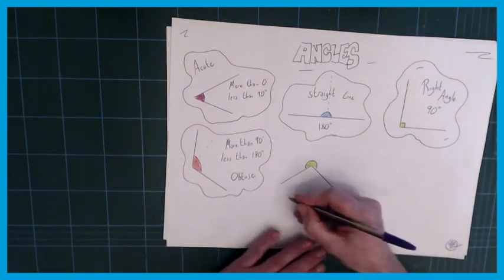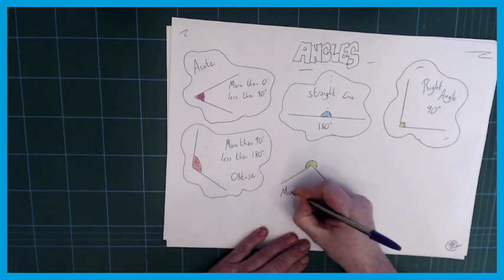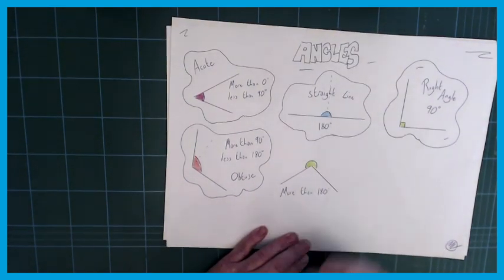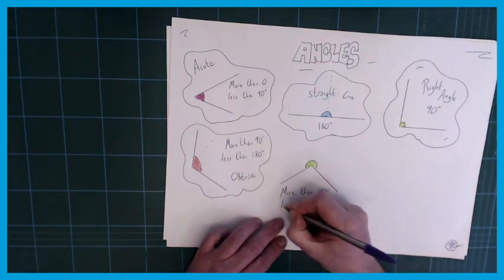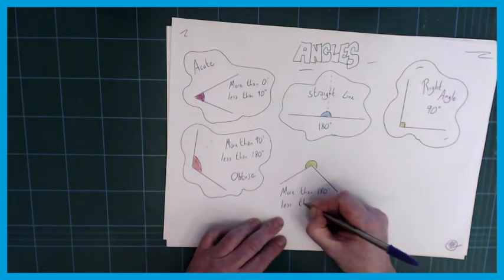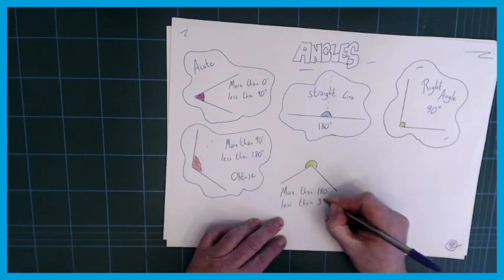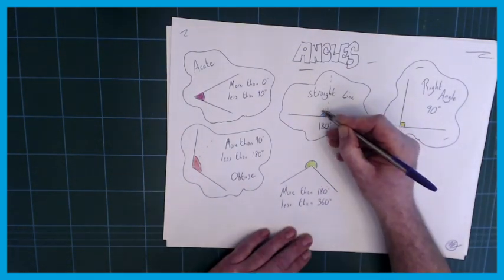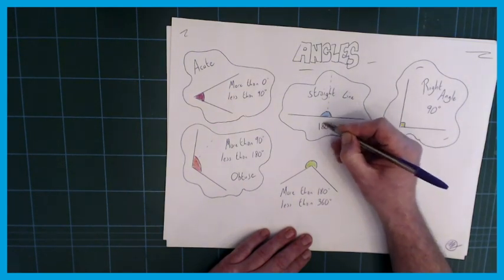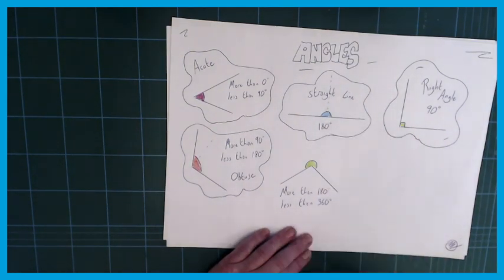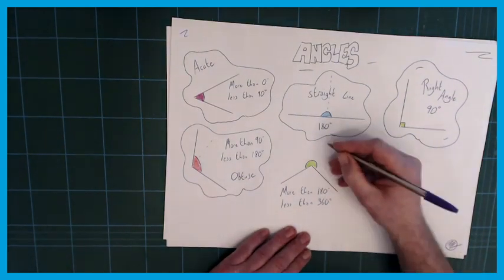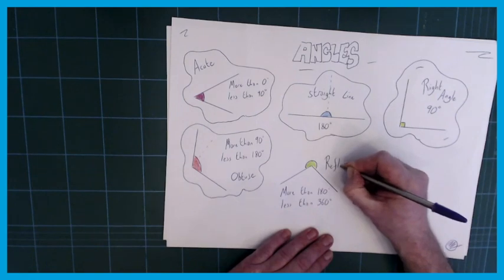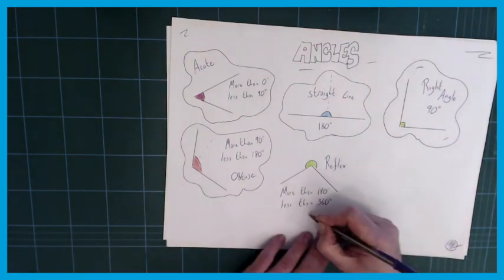So this one is more than 180, but less than 360. And if you think about this one, 180, all the way around there, that's 360. So a full turnaround is 360. This one's called a reflex.